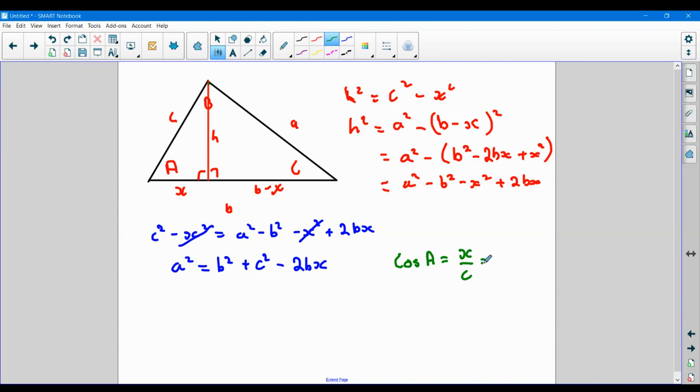And if I rearrange that, x equals cos A, actually c cos A. So x will be equal to c cos A. I'm going to replace that x with this here, and this gives me the cosine rule for a missing side. I've got a squared equals b squared plus c squared minus 2bc cos A.